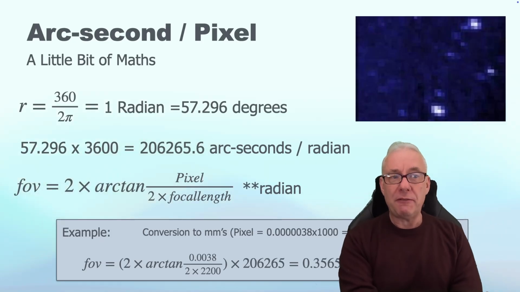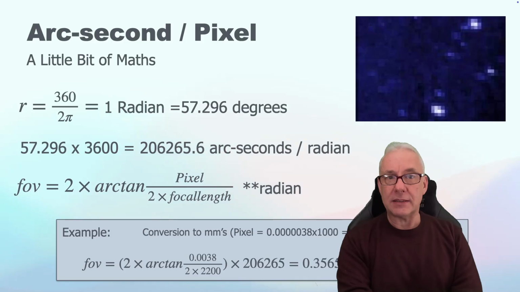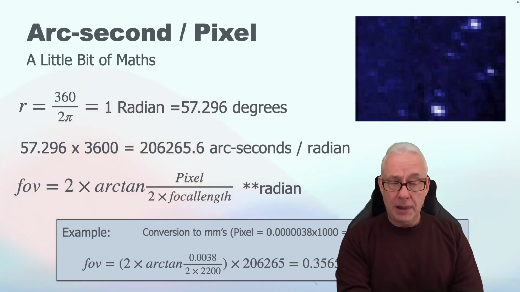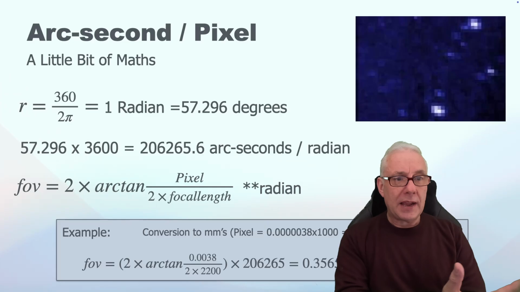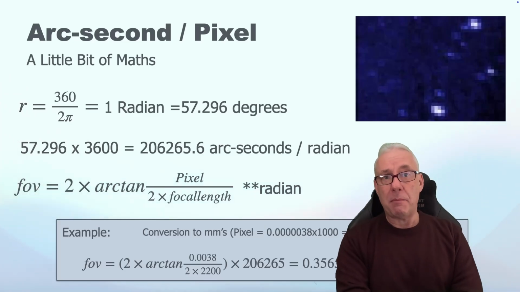Now, to simplify this formula, and it can be simplified because normally this focal length would be in meters, we'll move it to millimeters, which is easier for everybody. But that means that your pixel size needs to be adjusted. So my camera is 3.8 micrometers.